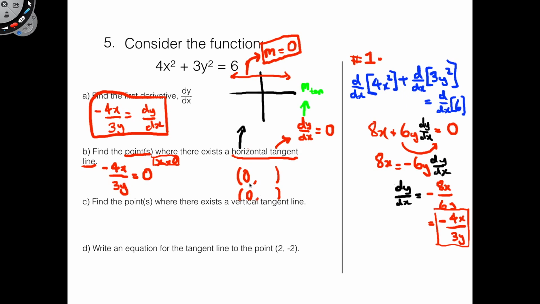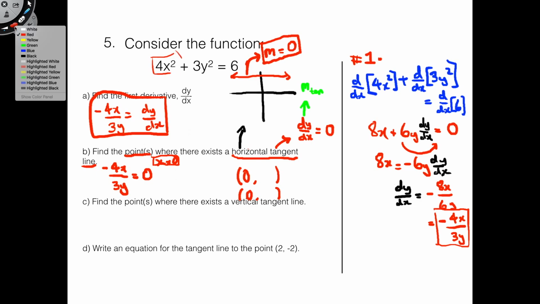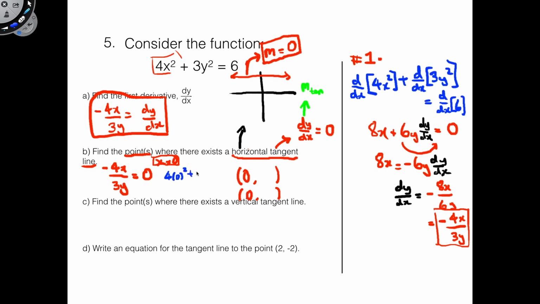All right, so to do that, we're going to need to plug 0 back into the original equation. So let's go ahead and do that right now. This is going to be 4 times 0 squared plus 3y squared equals 6, right? Now dividing both sides by 3 is going to yield that y squared equals 2.